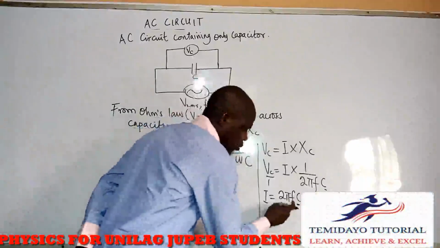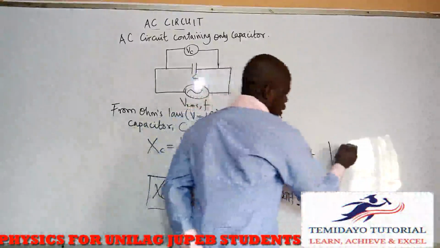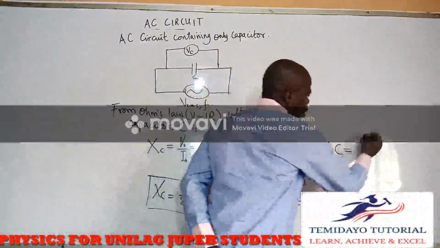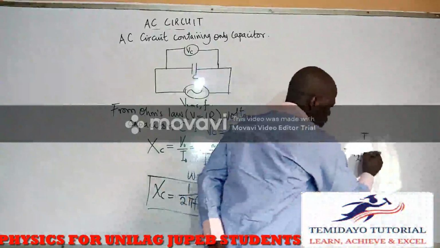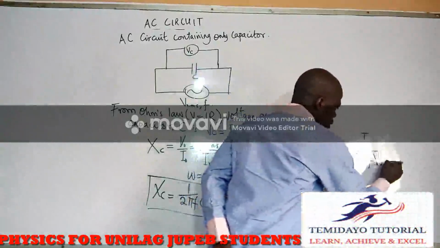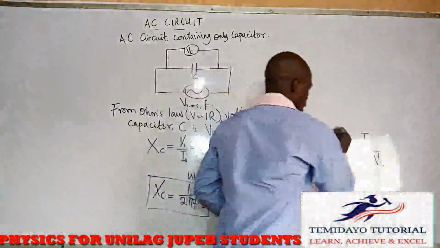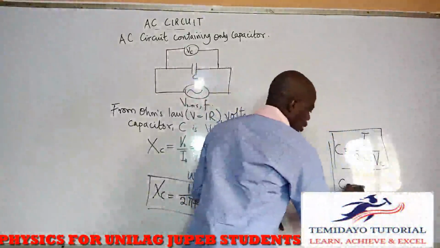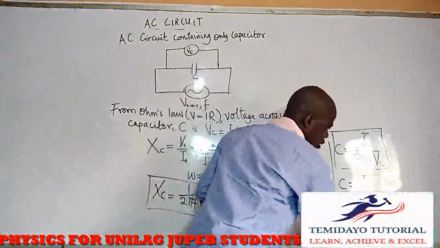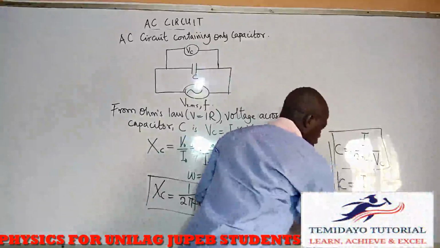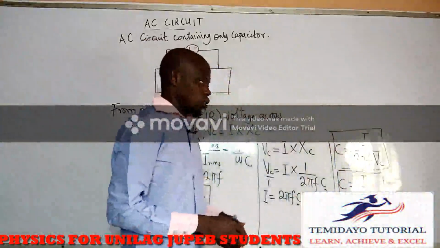Divide both sides by 2 pi f VC. So our capacitor is equal to I divided by 2 pi f VC, and we can establish that our C is equal to I divided by omega VC.